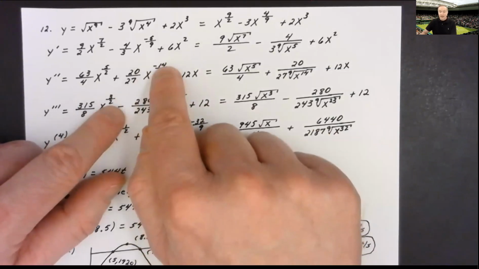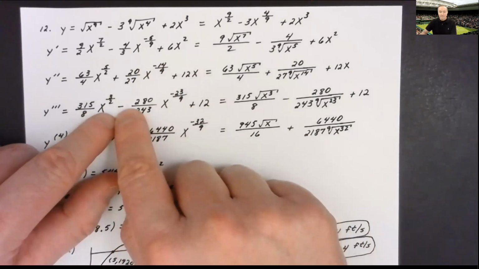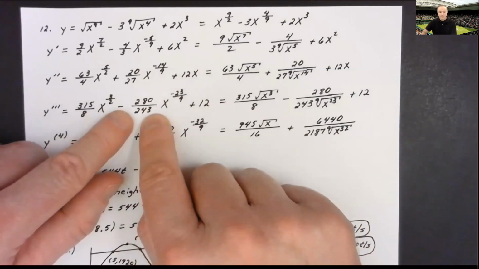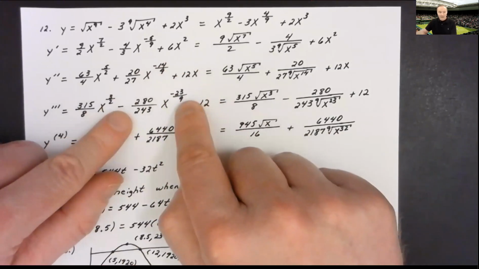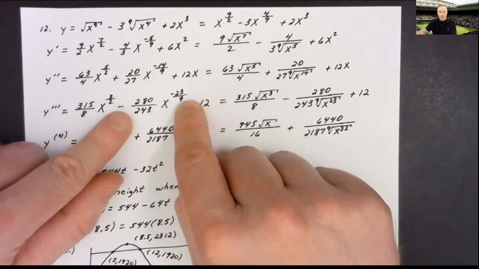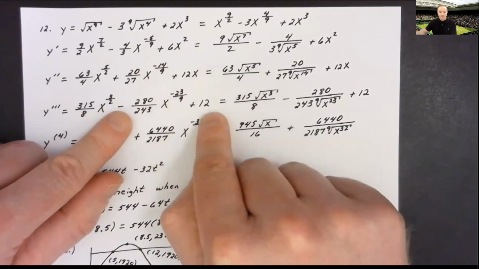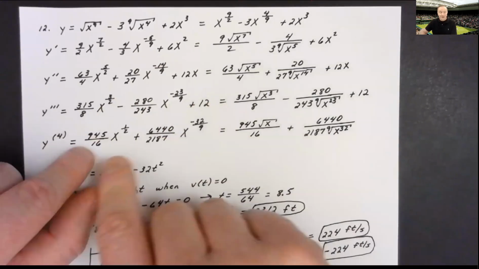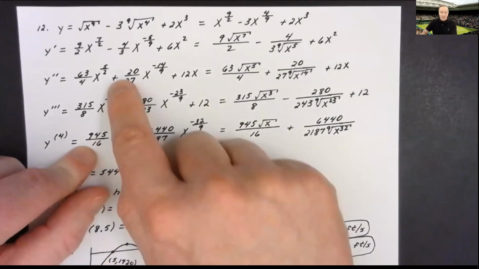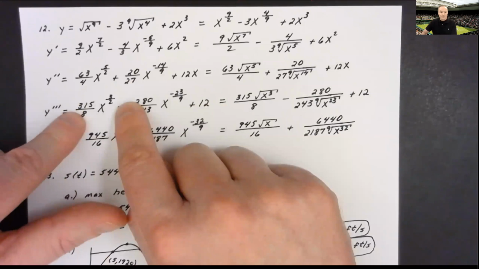Of course, a negative times a positive made that a minus 280 over 243. And then x to the negative 14 over 9 minus 1 power gave me negative 23 over 9. Derivative of 12x, 12.